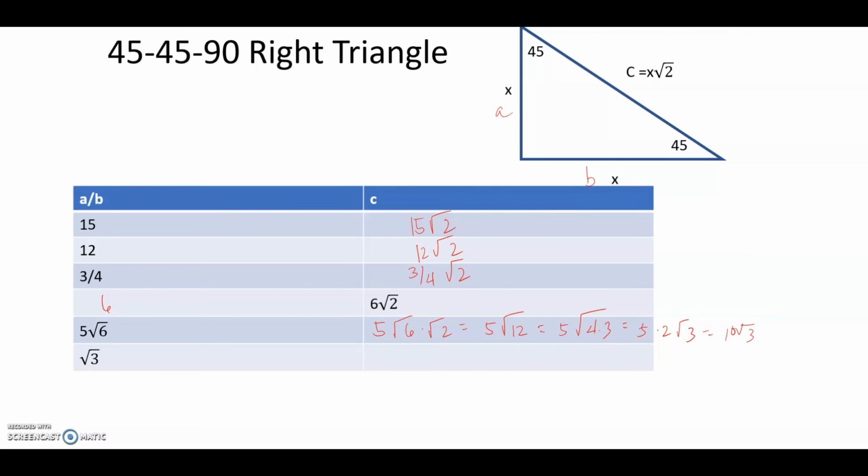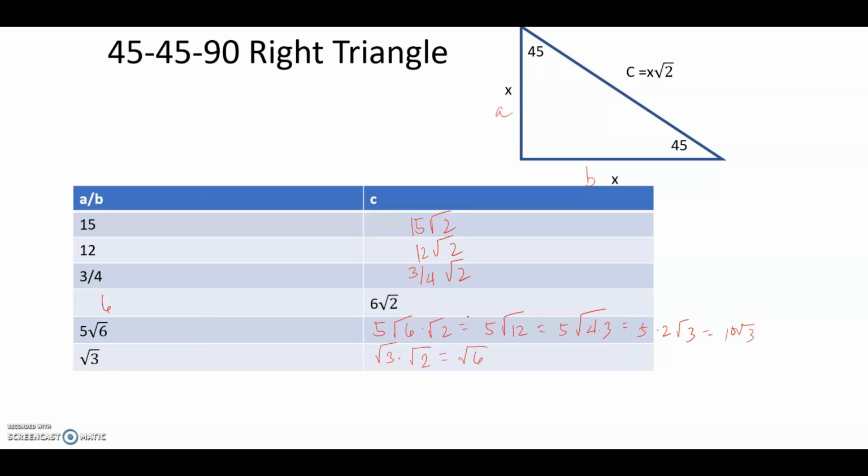And for our last number, square root of 3, this becomes square root of 3 multiplied by square root of 2. So that will be square root of 6, so the hypotenuse there will be square root of 6.